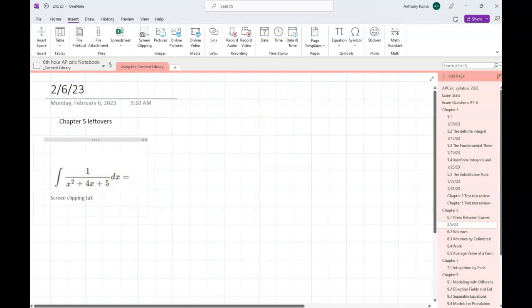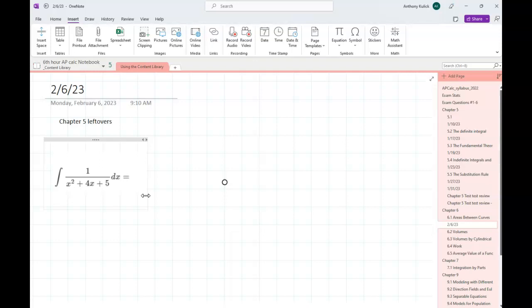Let's say we ask you to do this integral here. What can we do with this? Any ideas?